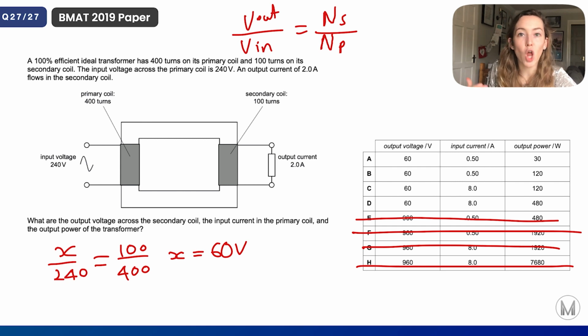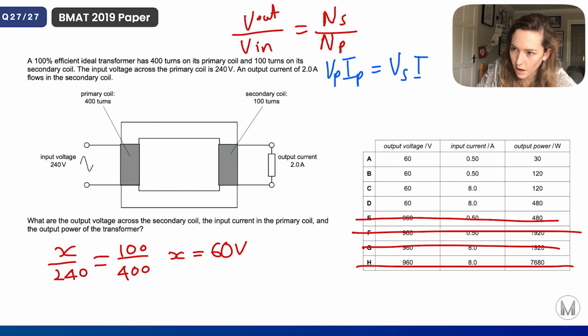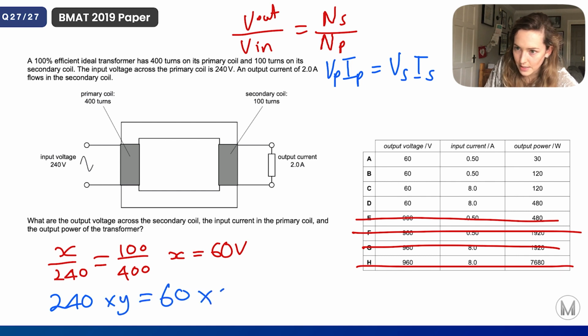As the transformer is 100% efficient, we can use another equation. Remember, VP IP is equal to VS IS to work out the input current. And again, we'll represent the input current as Y. So using that equation, 240 times Y, using the information we're given, is equal to 60 times 2. So Y is equal to 0.5 amperes.